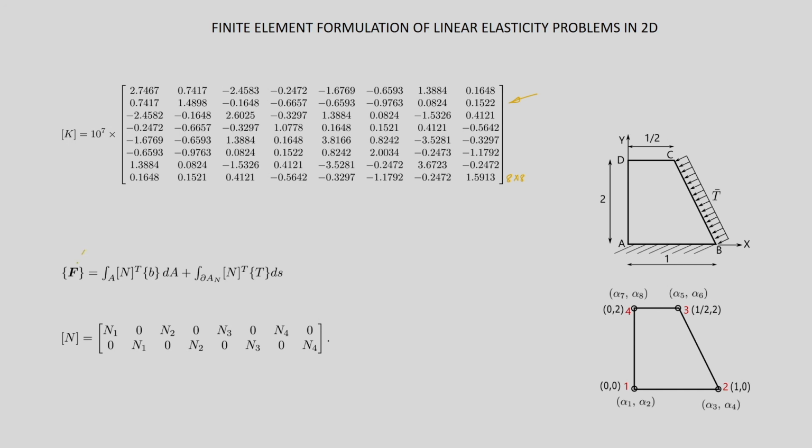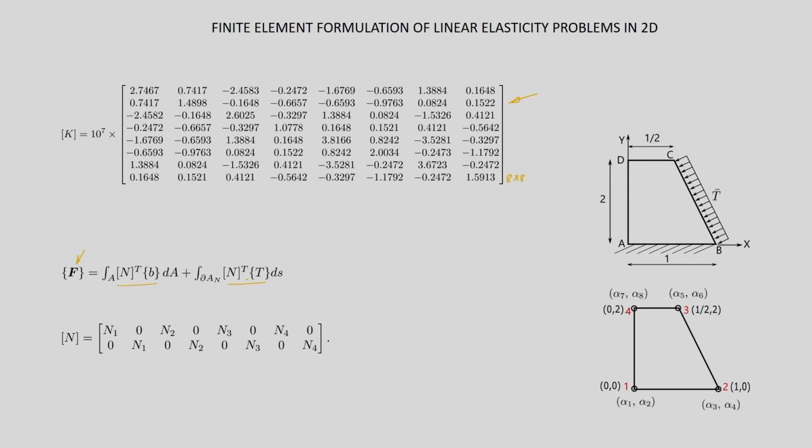If I look at the force vector expression, I have n transpose B and n transpose T, alright. Now, in the physical domain the shape functions are the same as the shape functions in the master element. They are 1 at one node and 0 at all other nodes. So we can use the same shape functions from the master element here and carry out the integral.